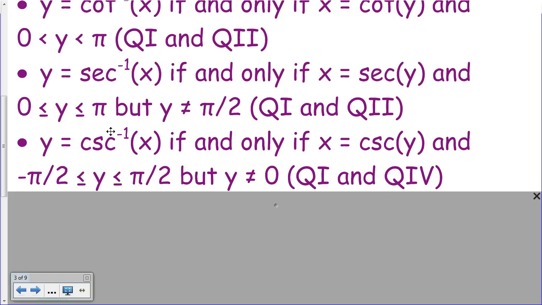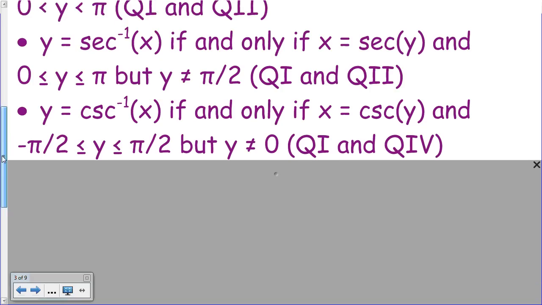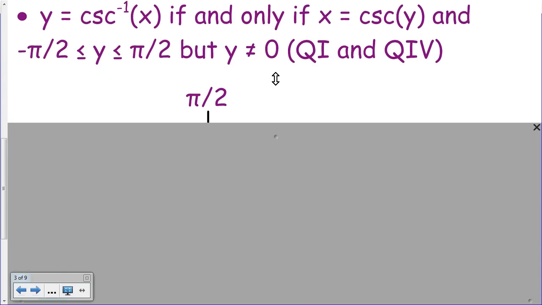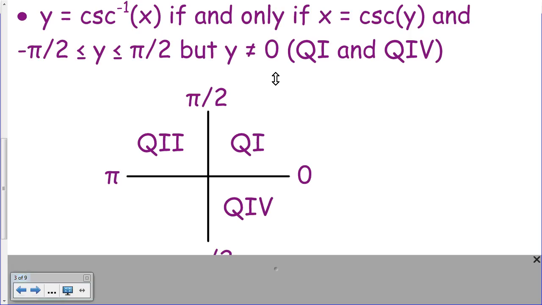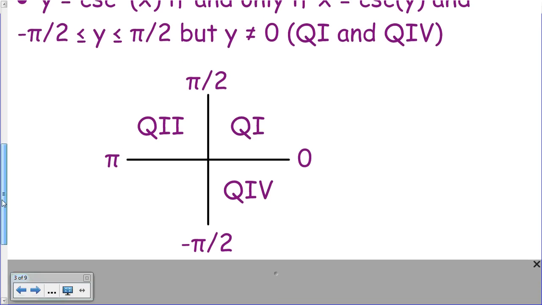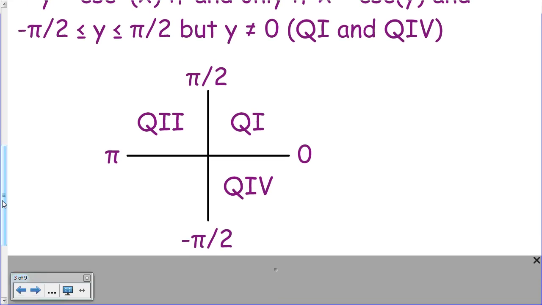Now, if you look at your quadrants there, you need a refresher as to why we know that these angles are in which quadrant. Here are the 4 quadrants that make up our coordinate plane. We have quadrant 1, 2, and 4 labeled. I left off quadrant 3 because, as you saw up above, none of these inverse trig functions were defined in that range that involved quadrant 3.